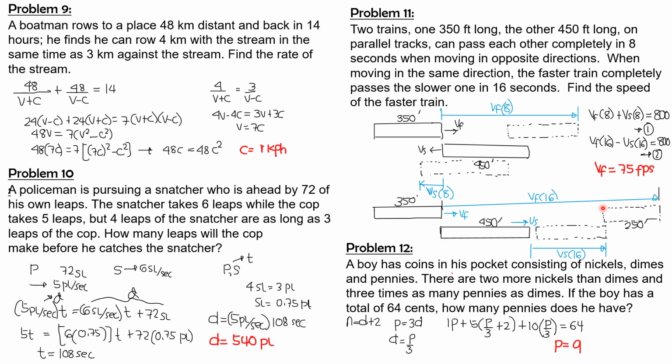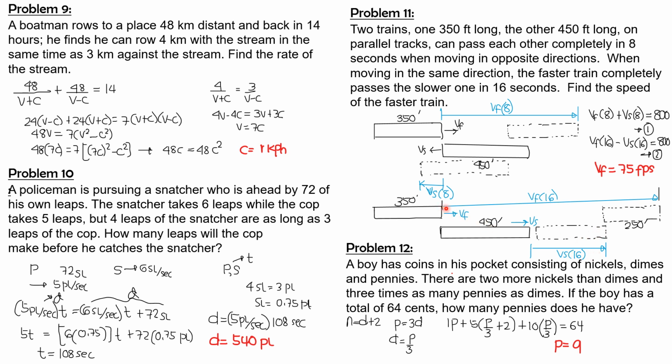So this should be the position of the shorter train, the faster train. Its end should be even with the front of the slower train, so that we can say that this faster train has completely passed the slower train. So this position to that position is the speed of the faster train times time, 16 seconds, and from this tip of the slower train to that tip, that's vs times 16.